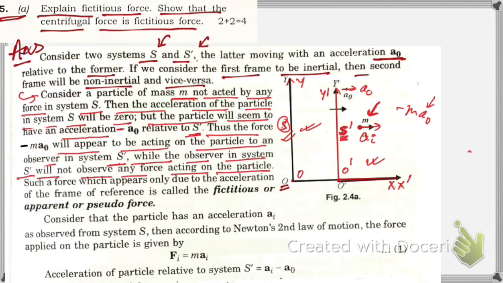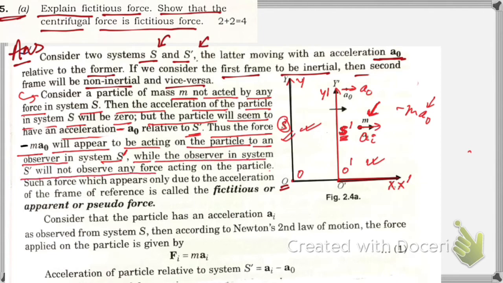So I think there is a printing mistake. Here you see they have written in this way. Let me show you again. Thus the force minus ma naught will appear to be acting on the particle to an observer in the system S dash, already written S dash. Then they have written again, while the observer in the system S dash will not observe any force. So actually, it must be S only.